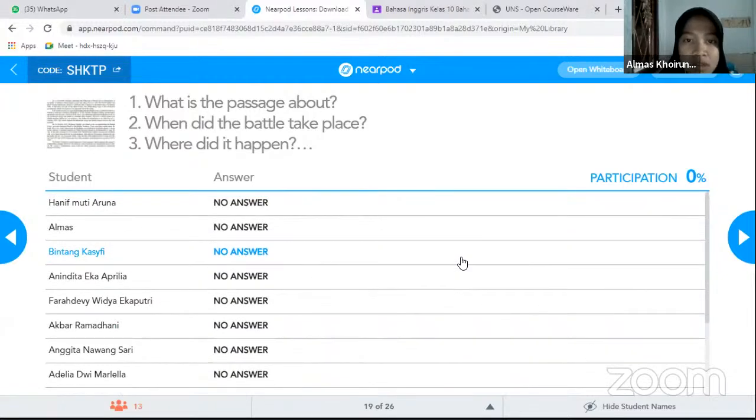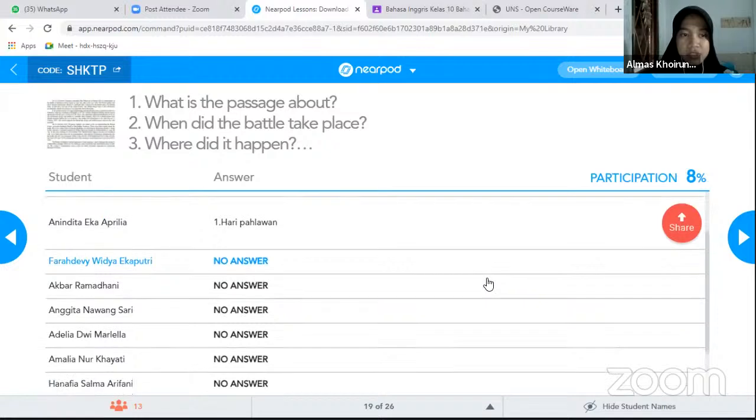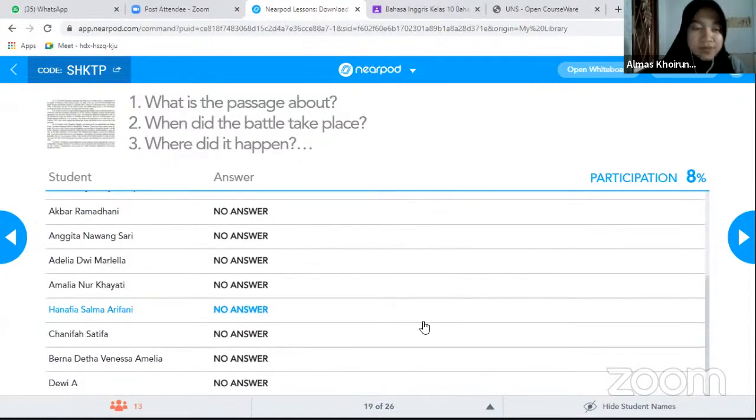And then for the last question, we have, what do you think about the Indonesian military power compared to that of the British Army at that time? So I'll give you about 5 minutes to answer the question. Oh, Anin's starting to answer the question. How about the others? Or maybe still reading.